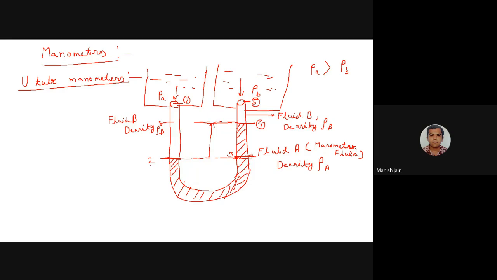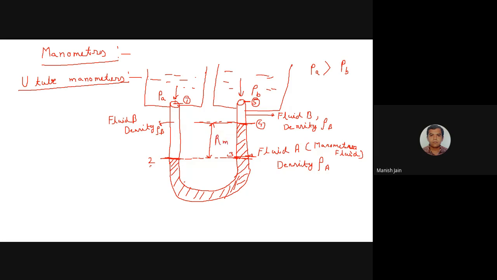This is point 2. This is point 3, which is at the same elevation as point 2. This is the fluid A, fluid B interface on the other side. So the level difference between the two rods of the manometer is Rm.